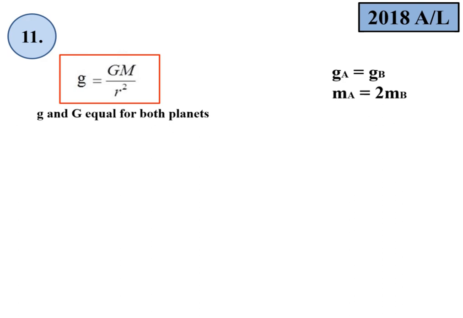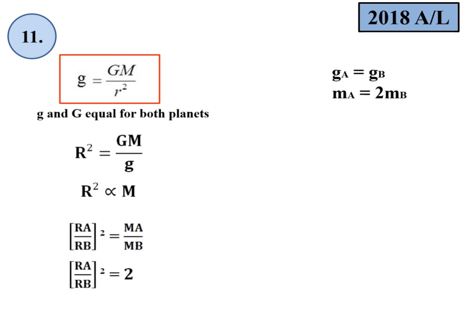Since small g and capital G are constants, capital R squared equals capital GM divided by small g, so capital R squared is proportional to the mass of the planet. So RA squared over RB squared equals MA divided by MB, which is given as 2. It's very easy, so you go with the first answer as the correct answer for this question.